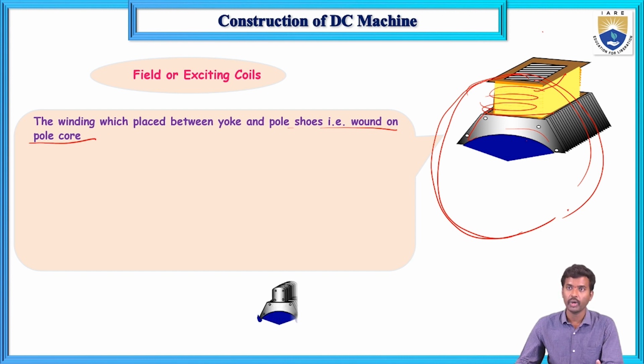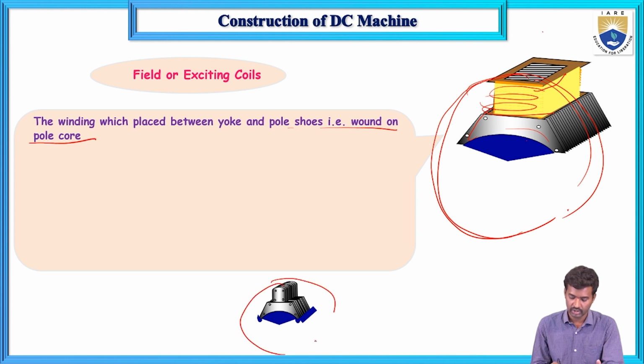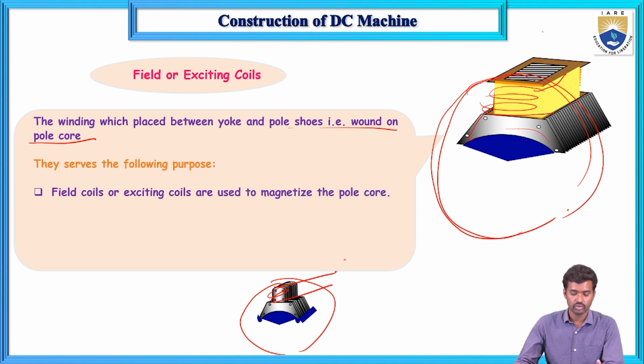It is an electromagnet when we give the supply. So here, in between, there is a field coil. Now, what are its functions? Field winding or exciting coils are used to magnetize the pole core so that the required flux is produced in the machine.